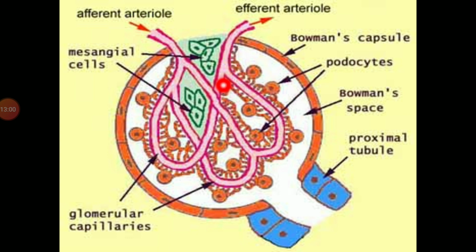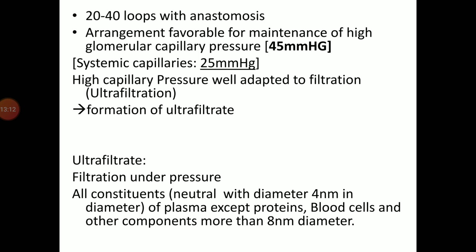These capillaries also have connections with each other, that is, they have anastomosis with each other. So in the nephron there are around 20 to 40 loops of the capillaries with anastomosis.